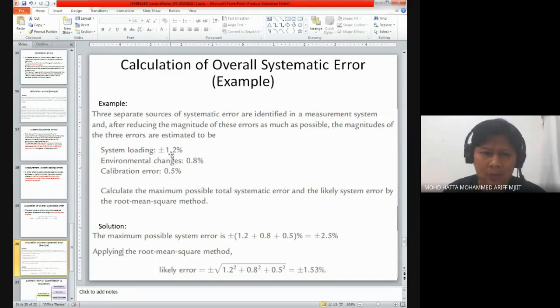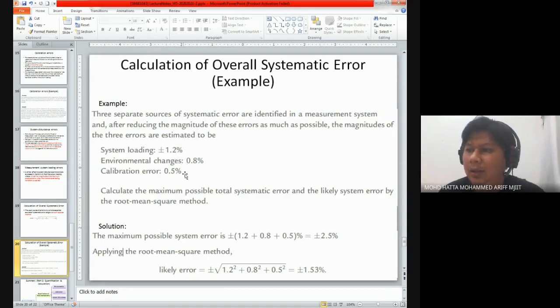After the reduction technique, we try to quantify the system loading error, so we only take half of that value. This is the value we take, half of our maximum original system loading error.